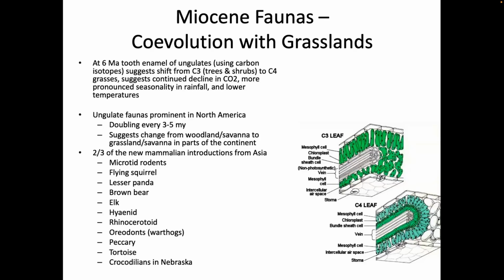So we're seeing things like certain rodent groups, like the microtid rodents, flying squirrels, the lesser panda, the red panda, for example, which we have fossils of here in Tennessee. Brown bears, the grizzlies, essentially, come from Eurasia. We have elk, hyenas, rhinoceros, warthogs, peccaries, tortoises, and certain types of crocodilians in Nebraska are thought to have come over through this Miocene land bridge.